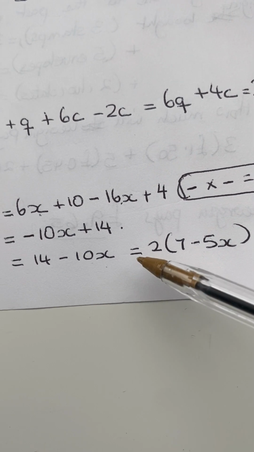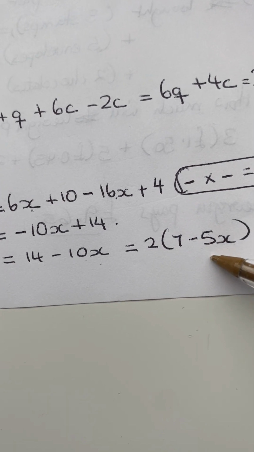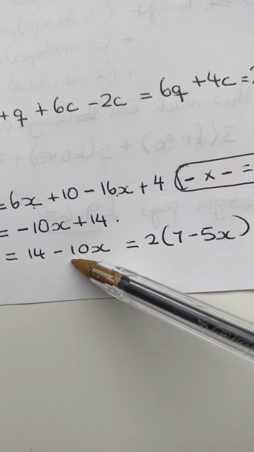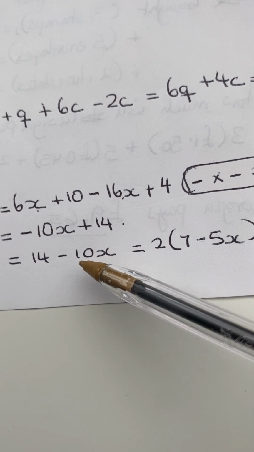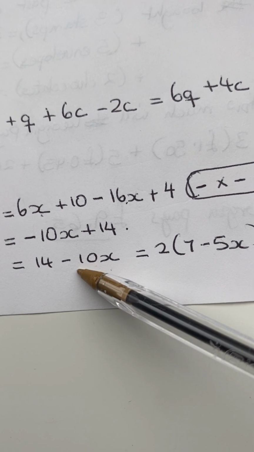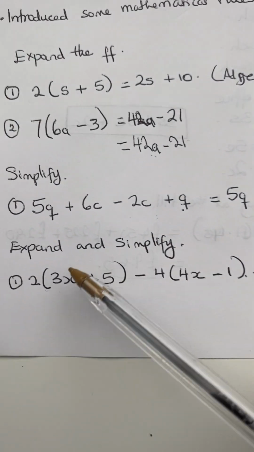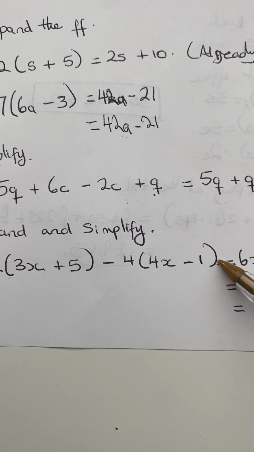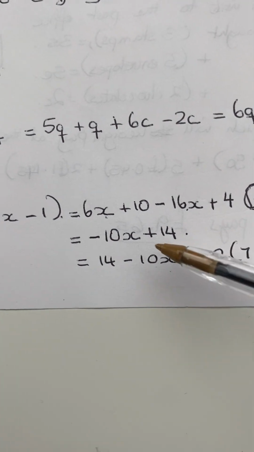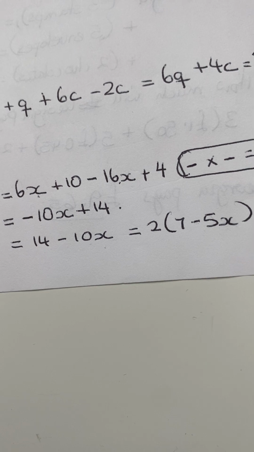So they can give you this and ask you to expand and you give this answer, or they can give you this, ask you to simplify and you put this answer. But if you are solving a question like this, they said expand and simplify, so you can leave your answer as this or as that.